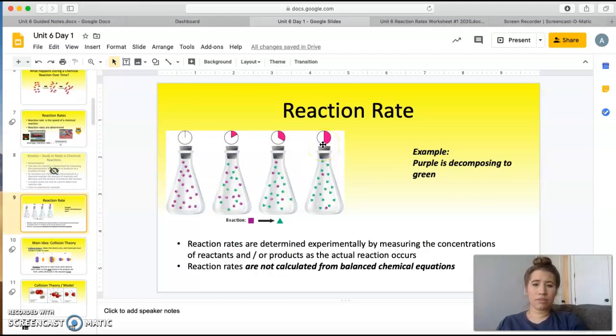Reaction rates are determined experimentally. It's just when we analyze how much reactant we have left, how much product we have left, and how much time it took to get to that point. They're not calculated from balanced chemical equations. Okay, so it's from measurements in the lab.